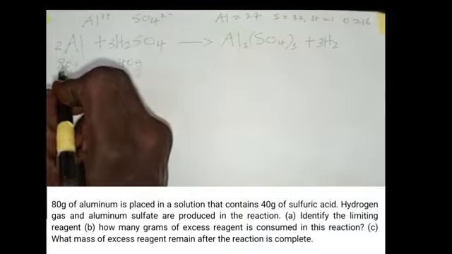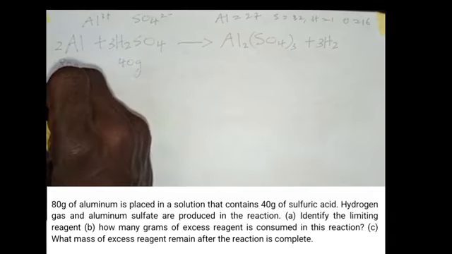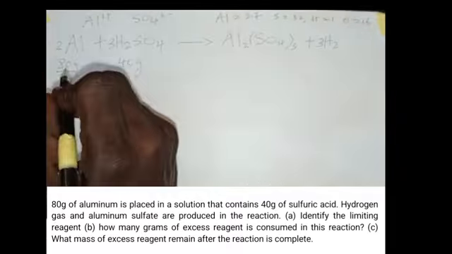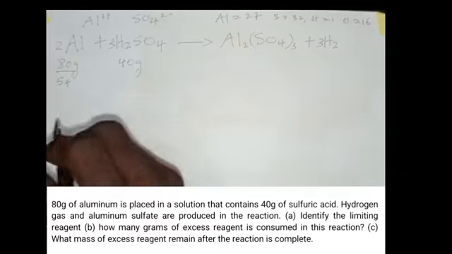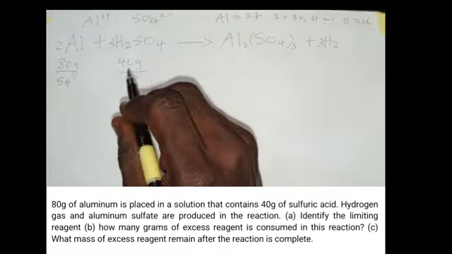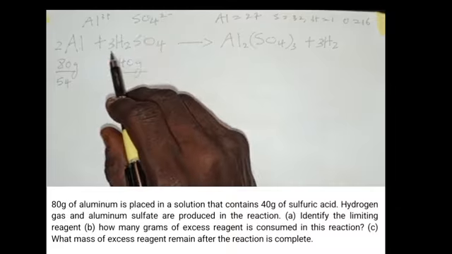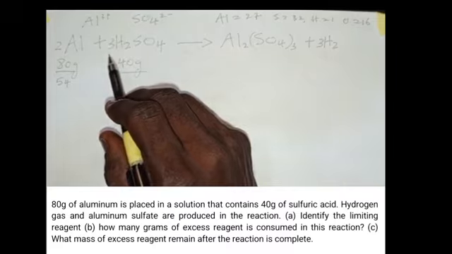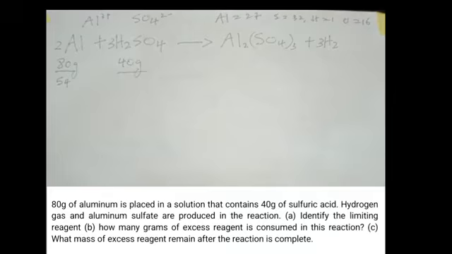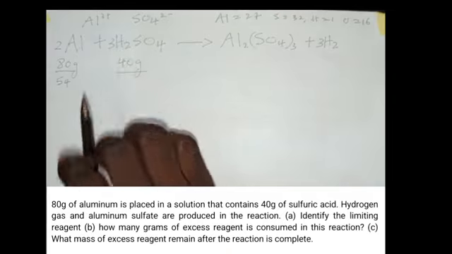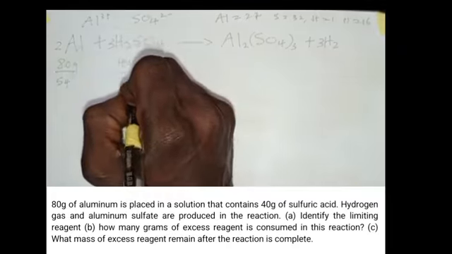So I'm going to say 80 grams here, and I'm going to divide 80 grams by 27 times 2, which is 54. I'll do the same here. I'm going to divide the 40 grams here by the molecular weight of H2SO4, also taking into consideration the 3. That is going to give us about 294, because the molecular weight for H2SO4 is 98, and I'll multiply by 3, and that gives me 294.